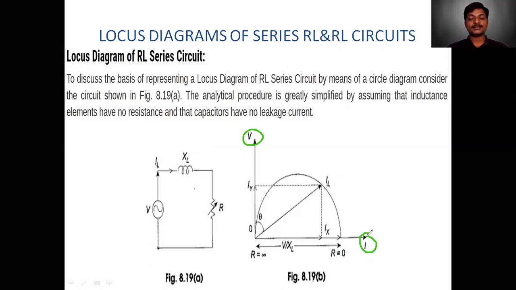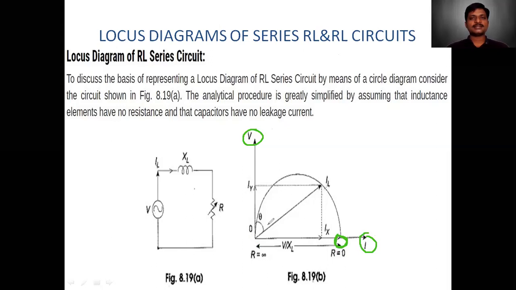When the inductance is pure inductance, which means there is no resistance value, when the resistance is 0, then the voltage and current will have the phase angle of 90 degrees.